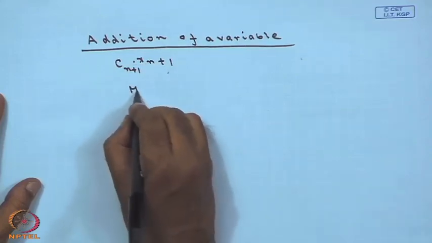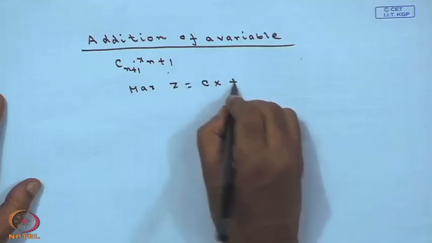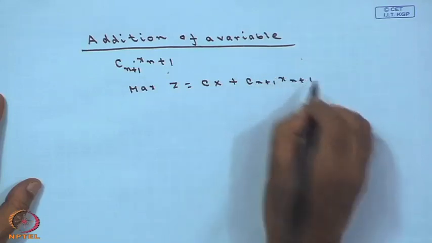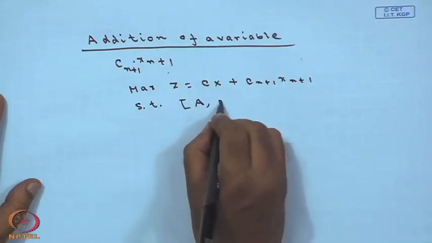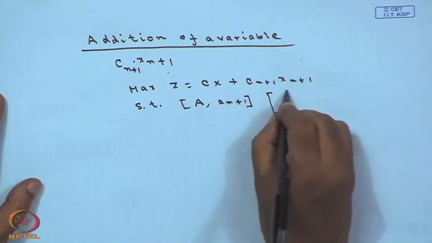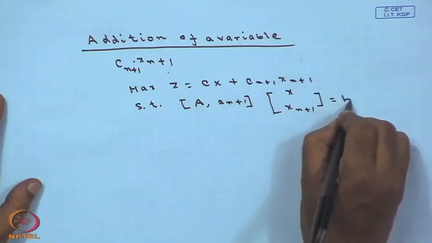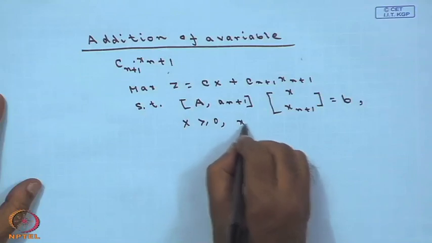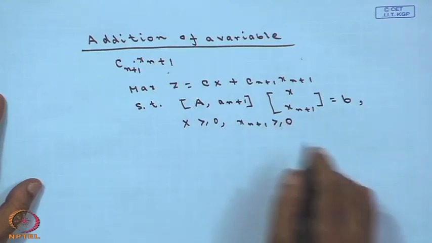So effectively your problem becomes: maximize z equals c x plus c n plus 1 x n plus 1, subject to the matrix A and the vector a n plus 1, multiplied by x and x n plus 1, equals the vector b. Your x is greater than or equal to 0, and the new variable x n plus 1 is also greater than or equal to 0.